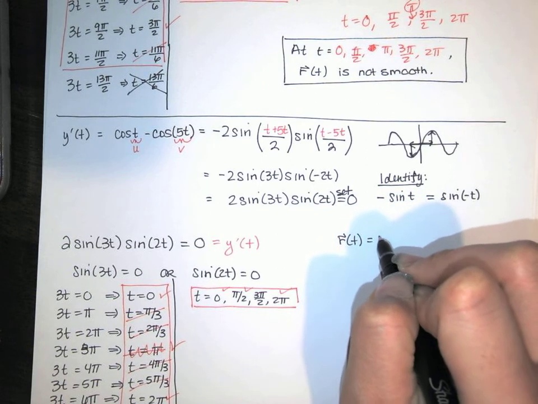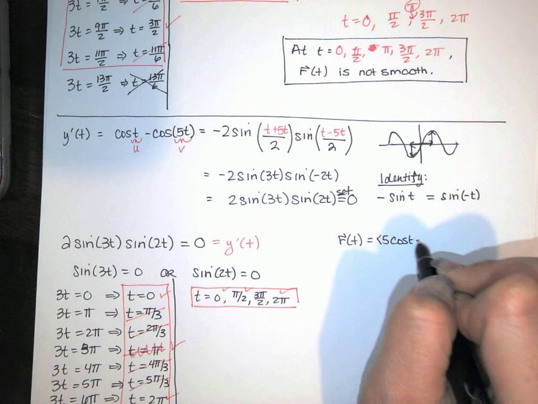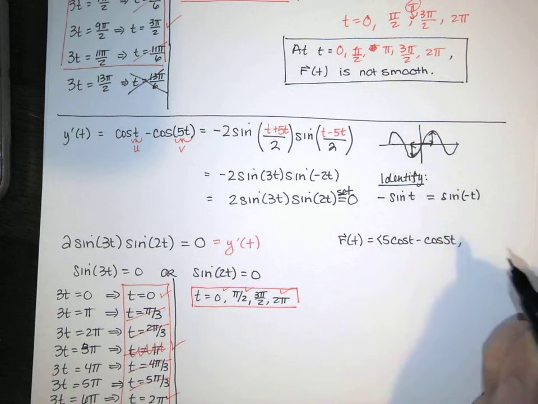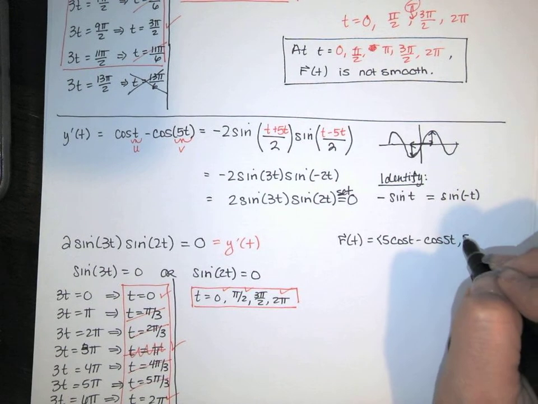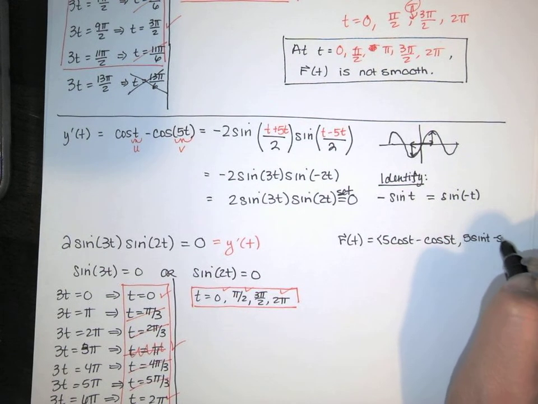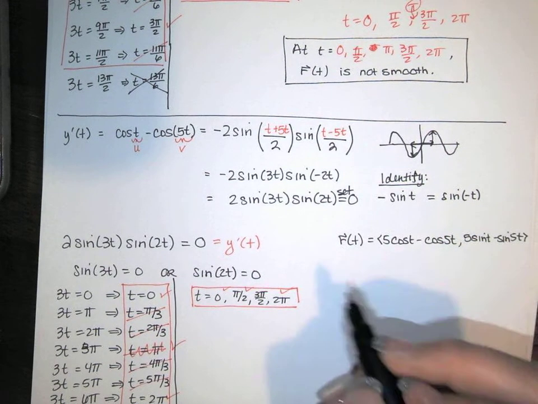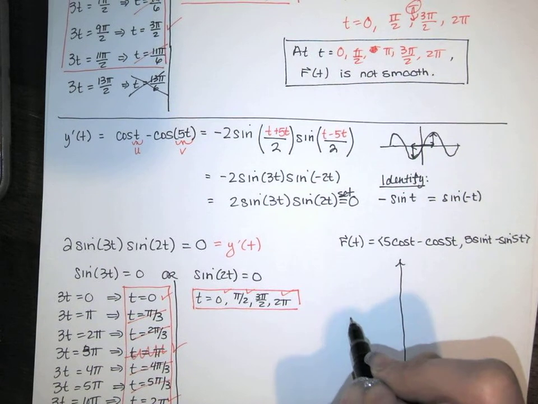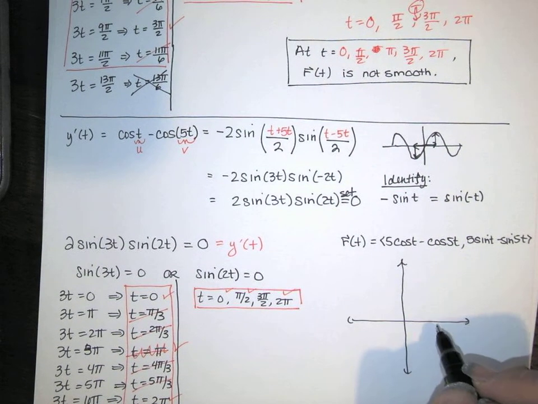r of t had these components: 5 cosine of t minus cosine of 5t, and 5 sine of t minus sine of 5t. It turns out it looks like this, sort of 4-leaf clover-ish.